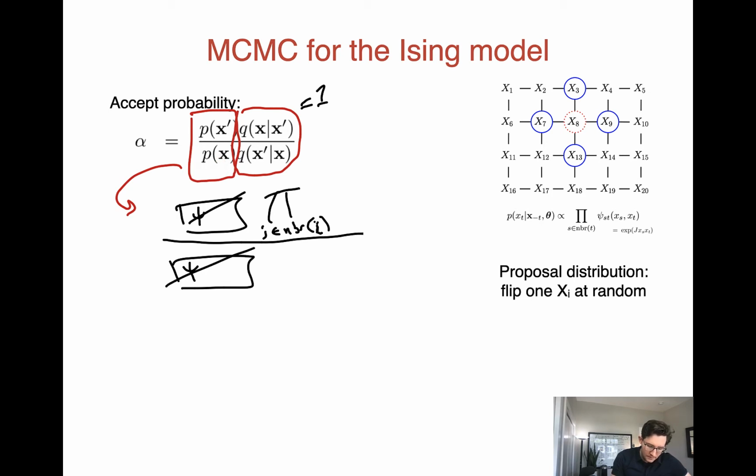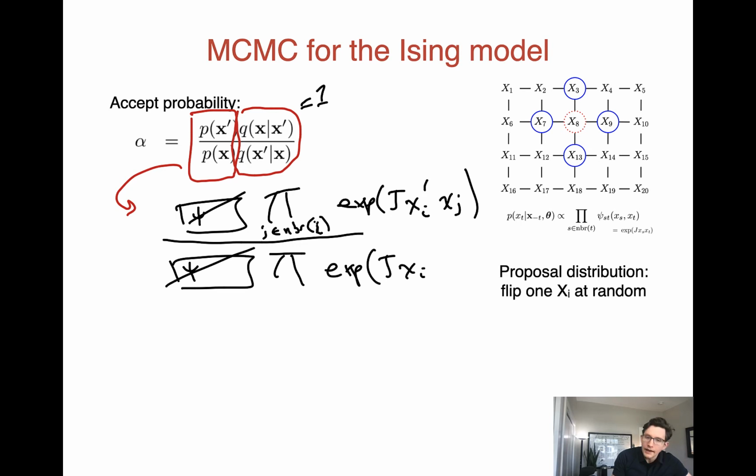So that's going to be exp of J times x_i prime x_j. x_i prime is the flipped version of x_i. And on the bottom, we have the same thing. I'm not going to write out the bottom here. It's just the same product, exp of J times x_i not prime x_j. Okay, so this thing is this term here.